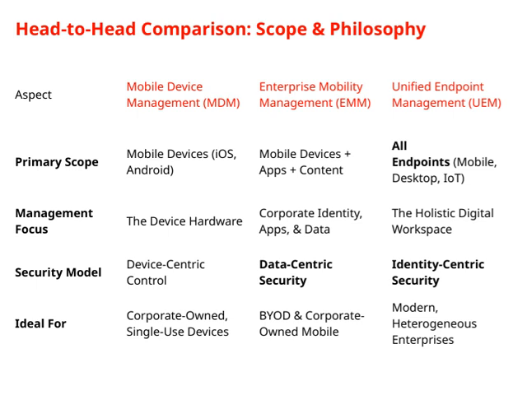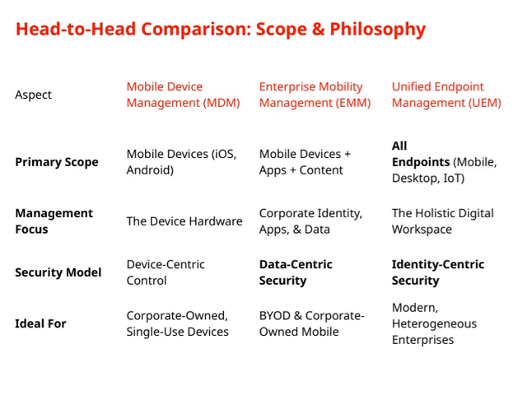UEM, on the other hand, broadens everything further to cover all endpoints, including mobile devices, desktops, and even Internet of Things devices. When we consider management focus, MDM is primarily concerned with the hardware itself, the device hardware. EMM shifts that focus to managing corporate identities, applications, and data, so it's more about controlling the digital assets on those devices. UEM takes a holistic approach, encompassing the entire digital workspace, ensuring all endpoints work together seamlessly.